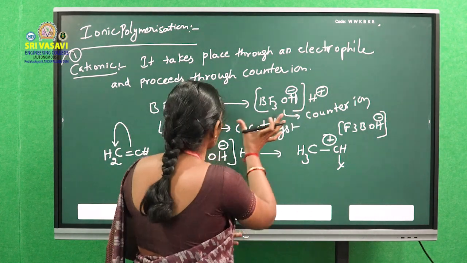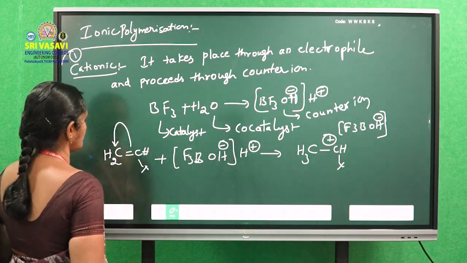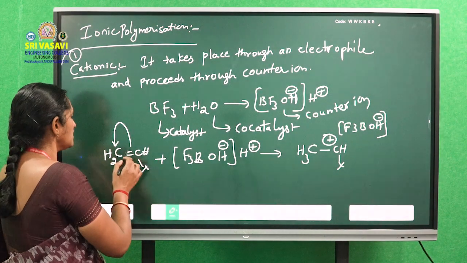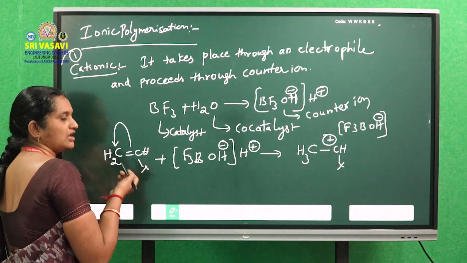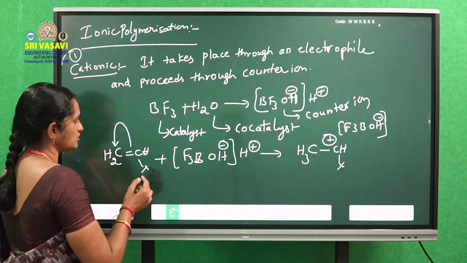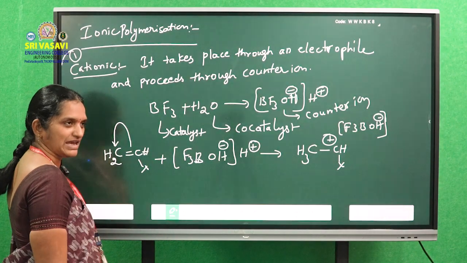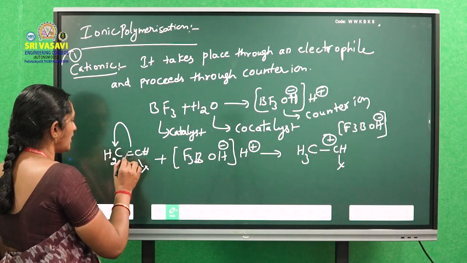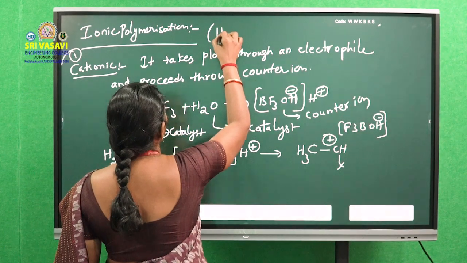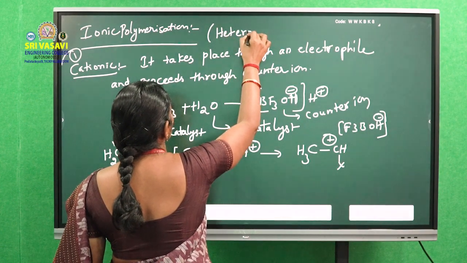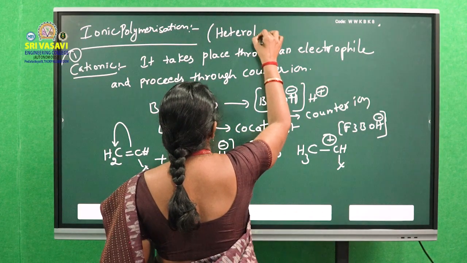When this counter ion reacts with the monomer, here is a monomer with some X, which may be CH3, whatever it may be. You can take different types of X combinations here. Here I have taken heterolytic fission, not homolytic fission, whereas in free radical you get homolytic fission.